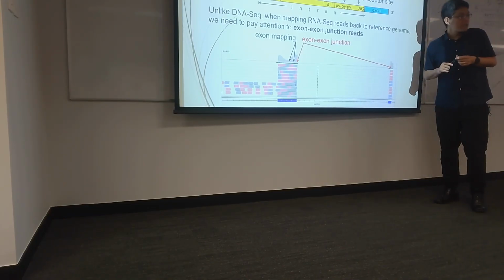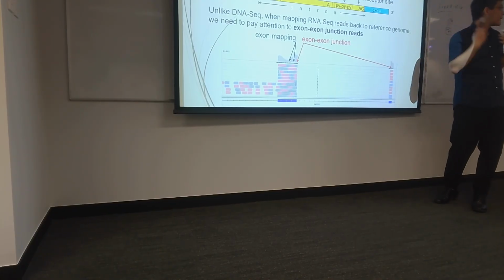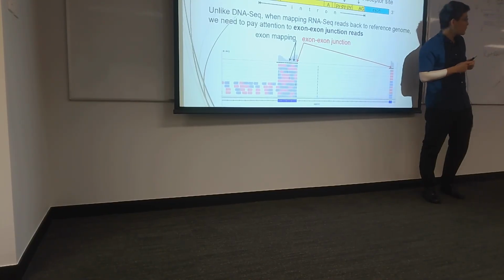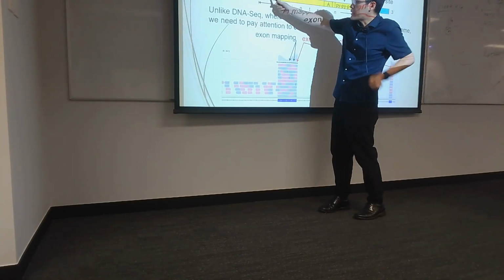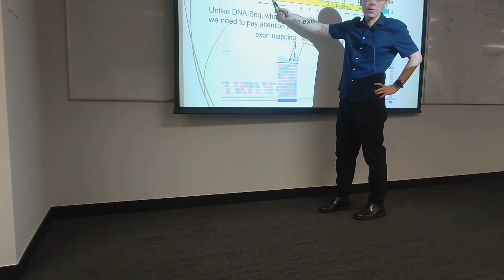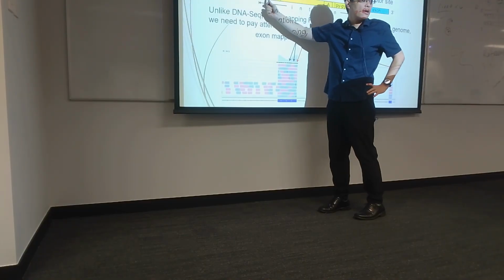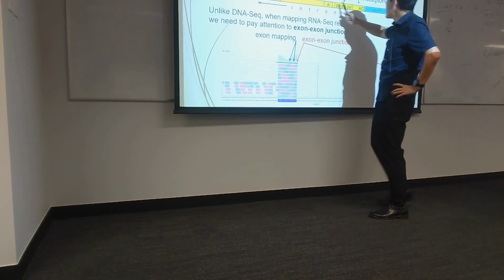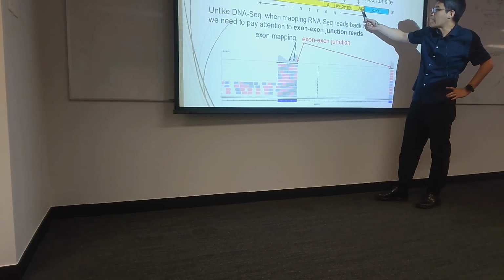Typically, because we almost know all the potential junctions in the human genome, there is a particular pattern. For example, on one side of the exon, you always see GU. GU is the donor site of the splicing region. On the other side, you always see A, PY and AG.